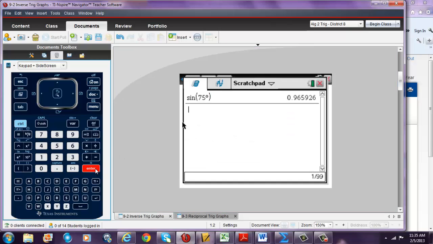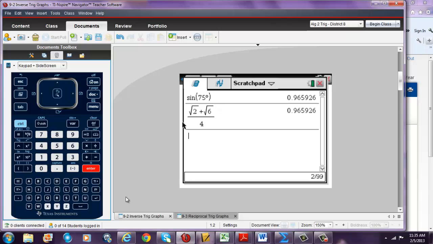Now type in the result we got: the square root of 2 plus the square root of 6, over 4. When I hit enter, I should get the same decimal. And I do. So that's a nice quick check.